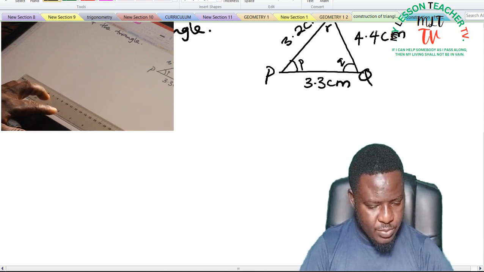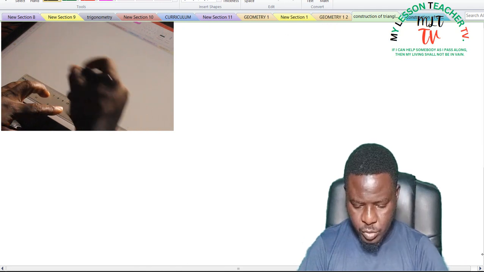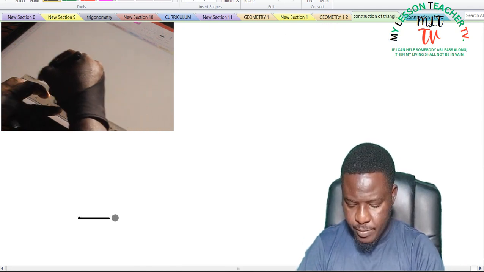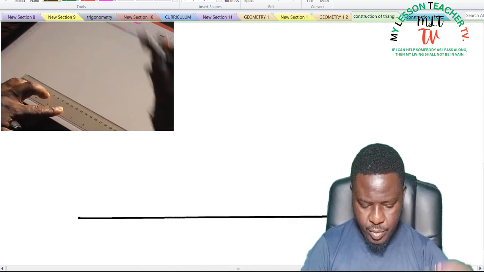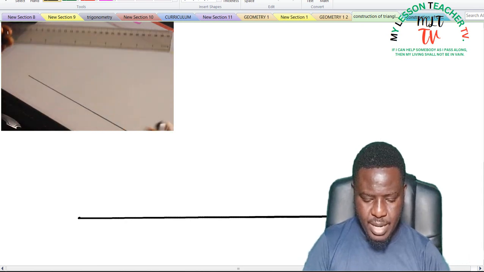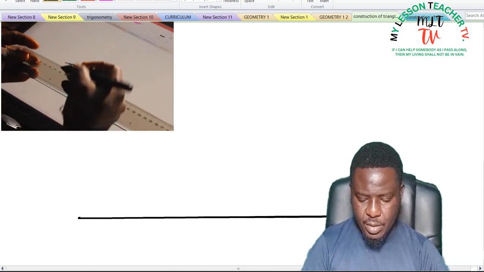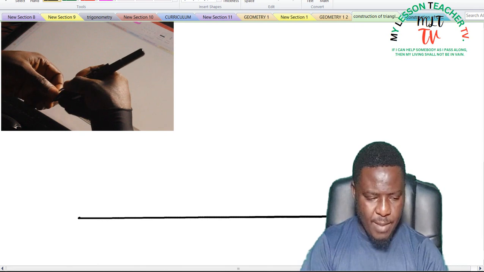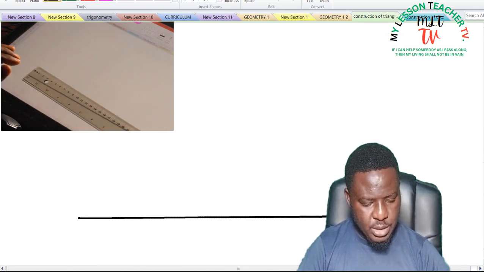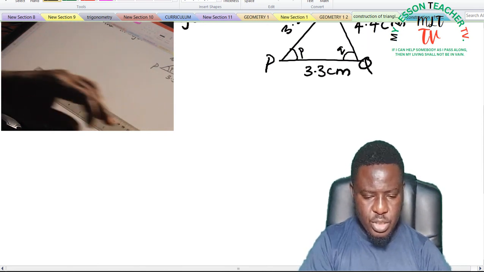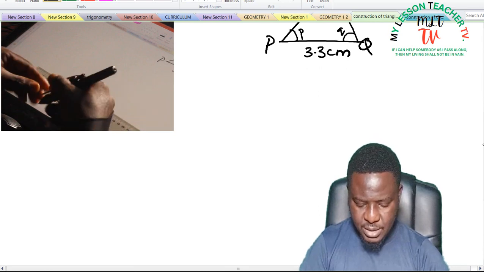Okay, so let this be the line. I'm going to draw a straight line. Then with my compass, I'm going to measure 3.3 centimeters, since PQ is 3.3 centimeters.